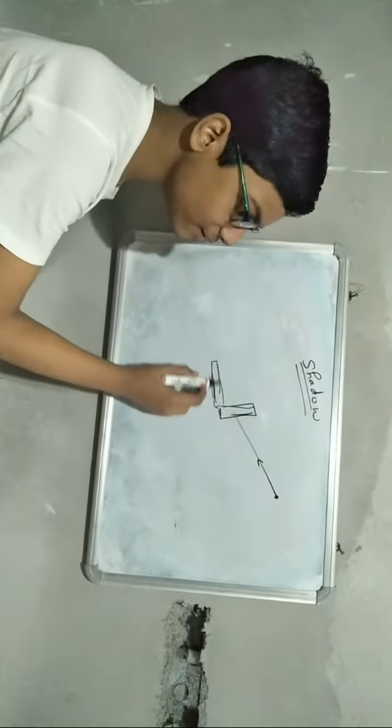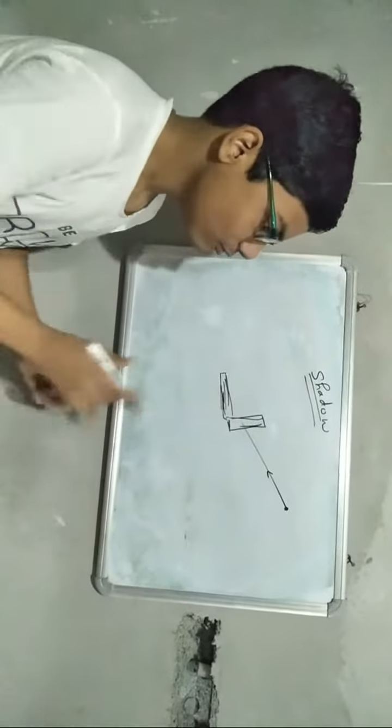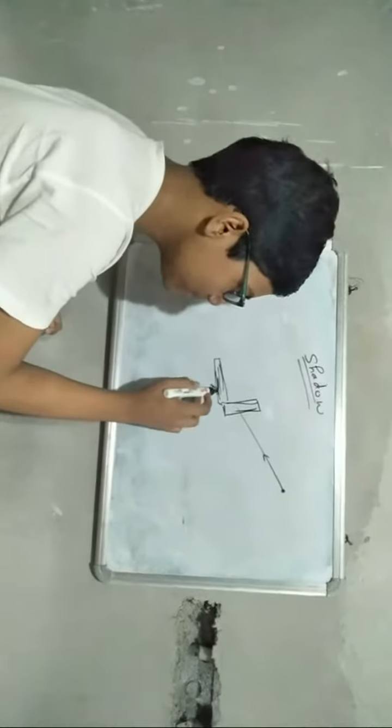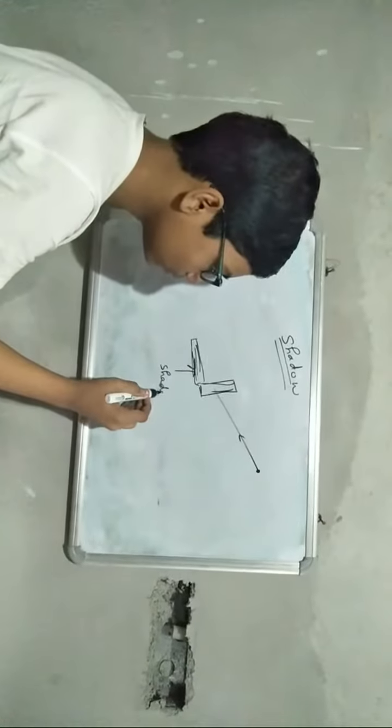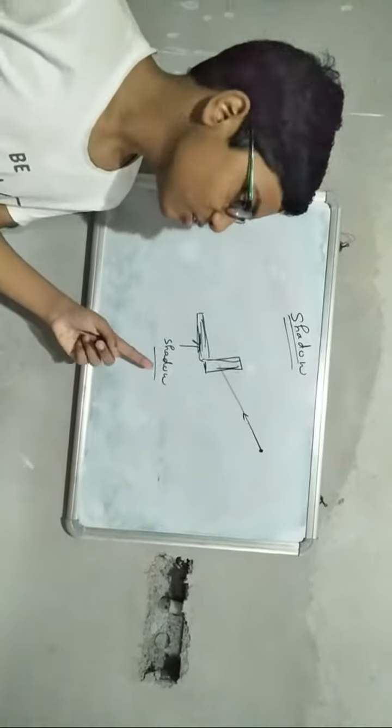It forms a dark patch in the lower part of this object. The dark patch is known as a shadow.